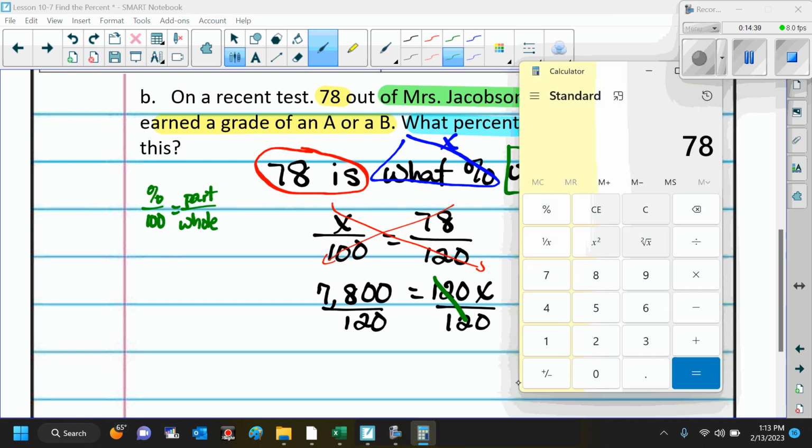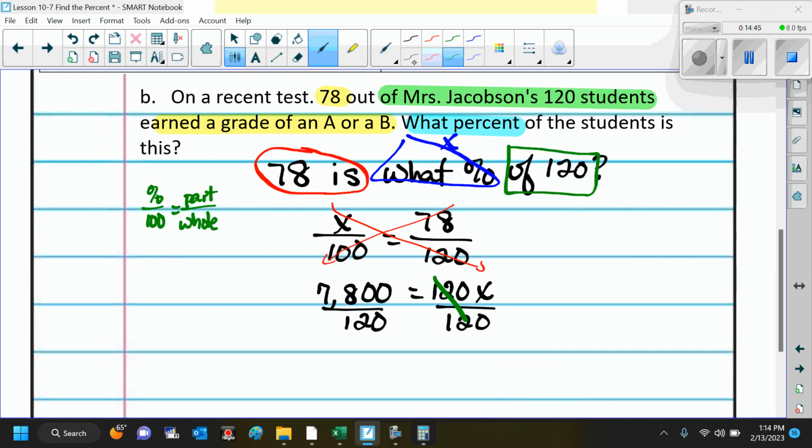And 7,800 divided by 120 gives us 65. So x is equal to 65%. So 65% of Mrs. Jacobson's students earned an A or a B.